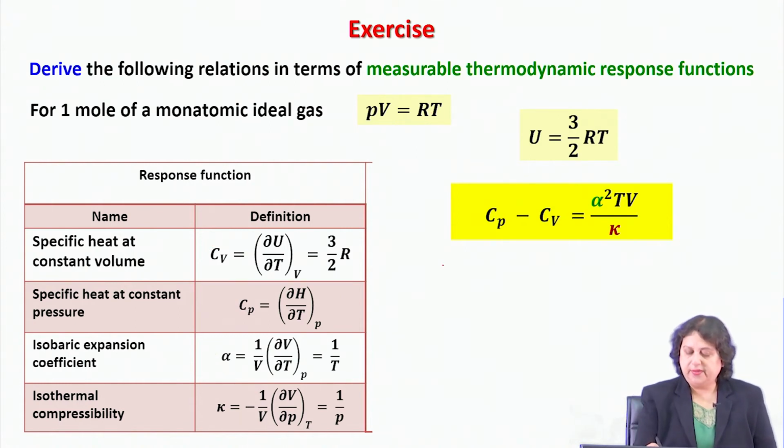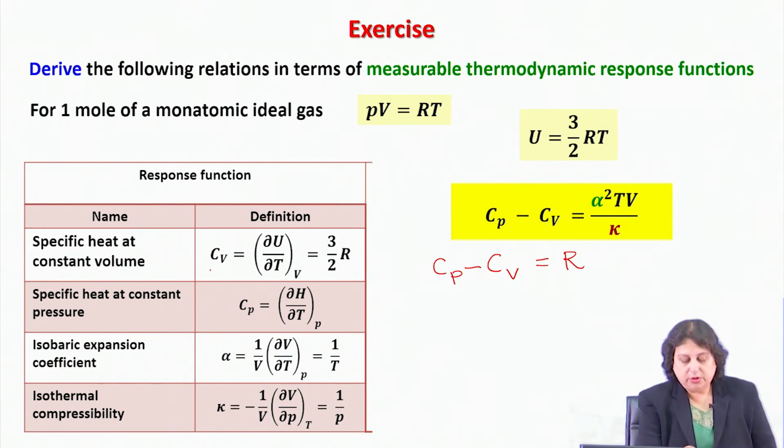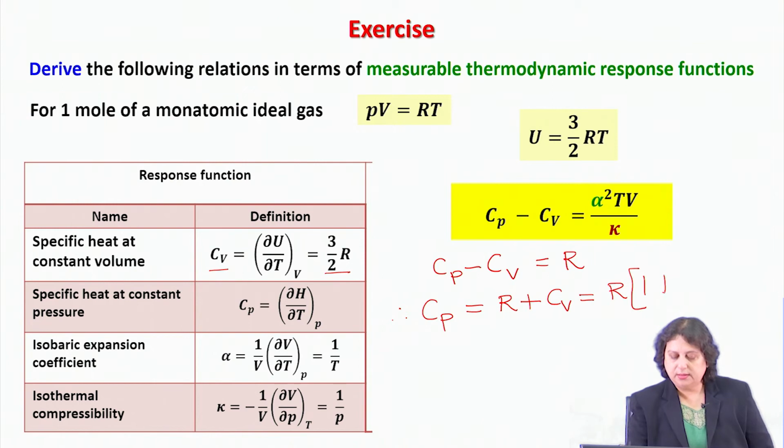Now that we have got Cp minus Cv equal to R for 1 mole of this monatomic ideal gas, I know what Cv is, that is 3 by 2 R. So, what is Cp? Cp in this case is going to be R plus Cv, that is equal to R into 1 plus 3 by 2.